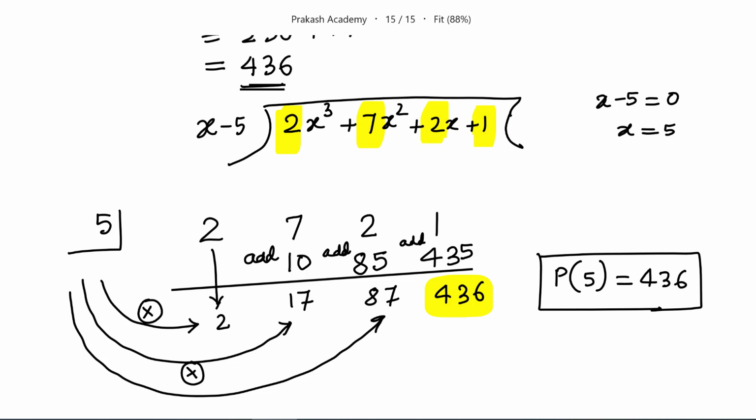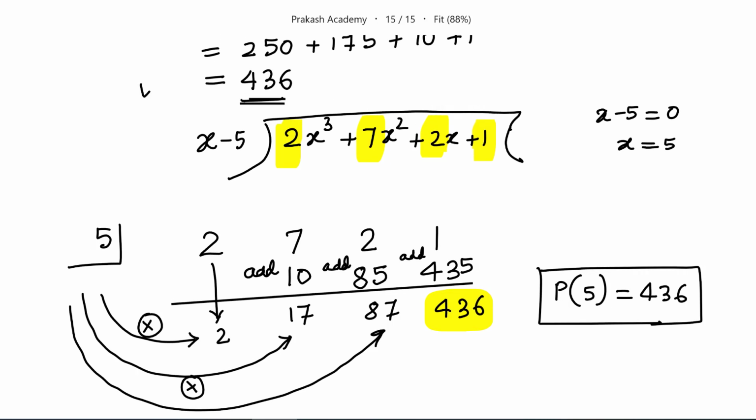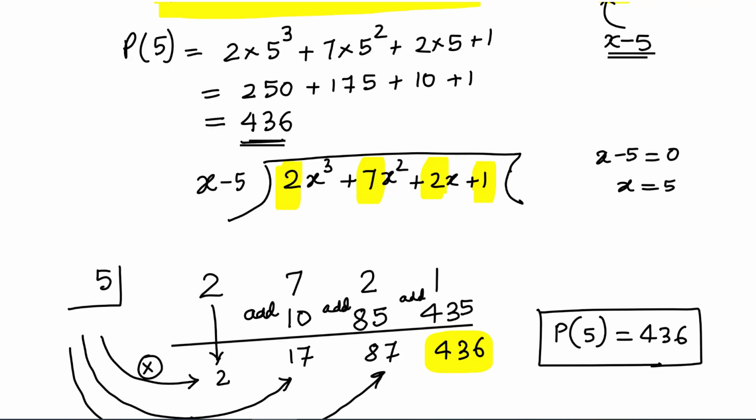Now in this case it might seem that the traditional method is easier compared to the remainder theorem method. In some complex situations you will find that the remainder theorem method performs well, or takes less time compared to the traditional method, in which you simply put x equal to 5.